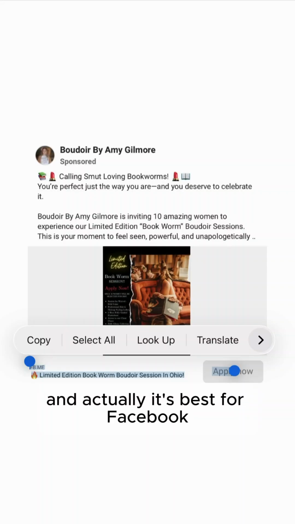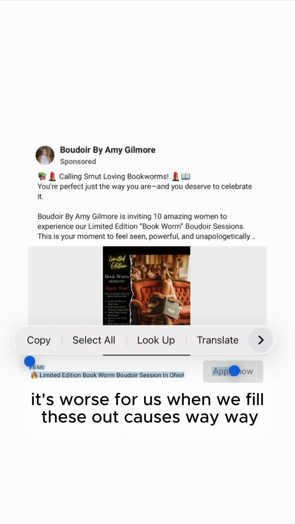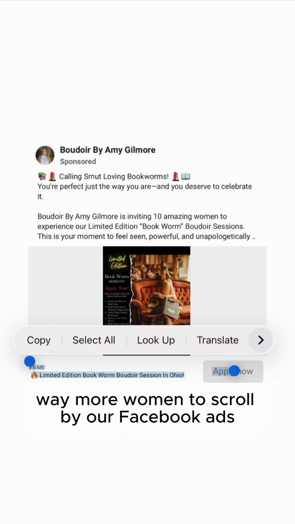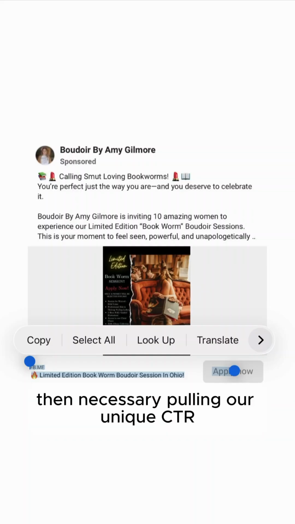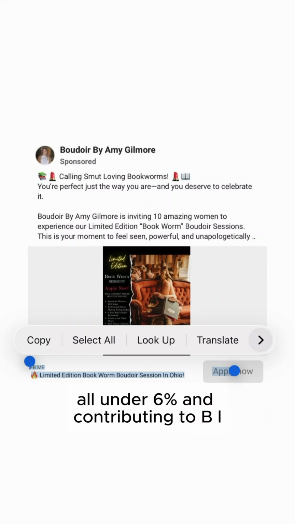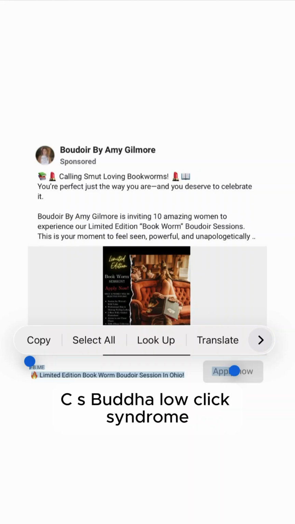And actually it's best for Facebook, it's worse for us when we fill these out. It causes way more women to scroll by our Facebook ads than necessary, pulling our unique CTR under 6% and contributing to BLCS, Boudoir low click syndrome.